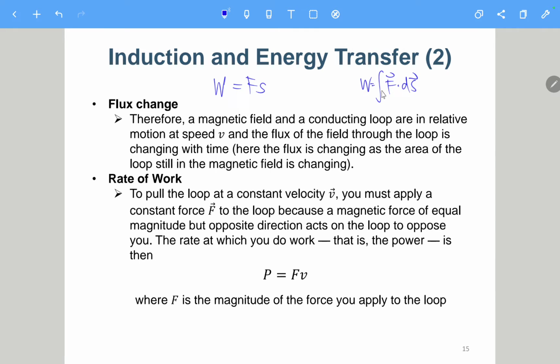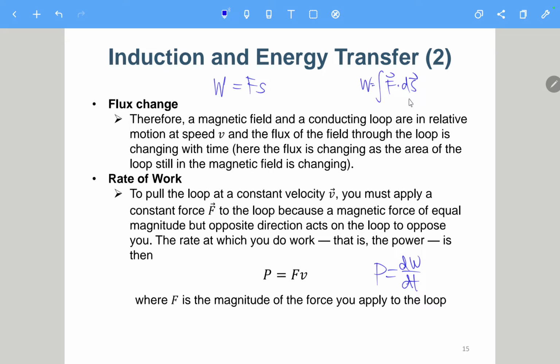This is the work done by the force. So the F dot ds line integral will be the work. Okay, so the power is dW/dt, the derivative of the work with respect to time.